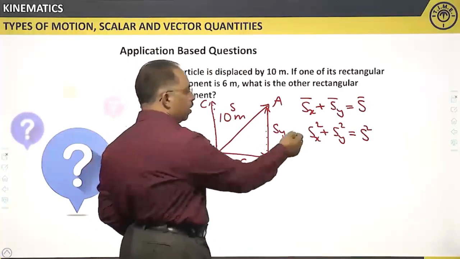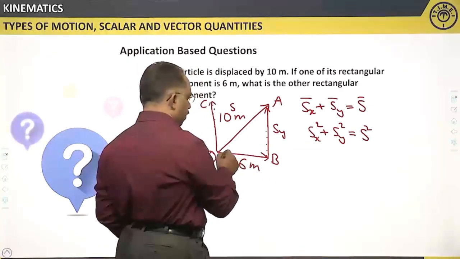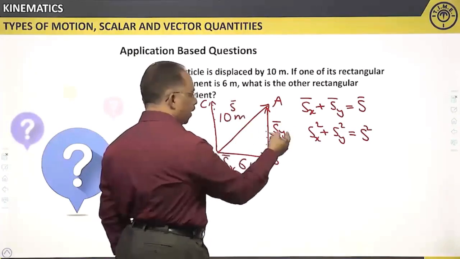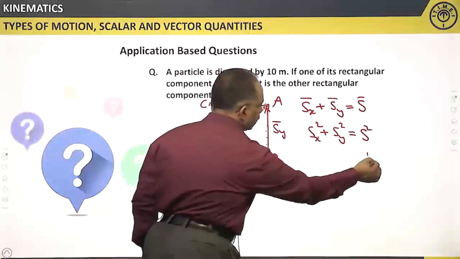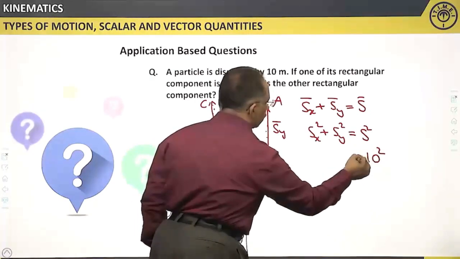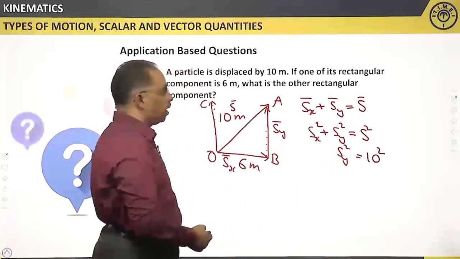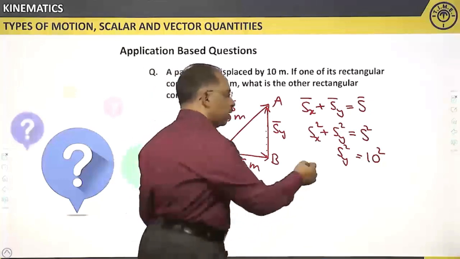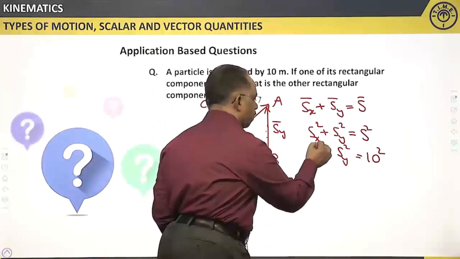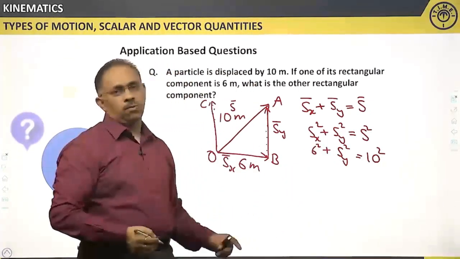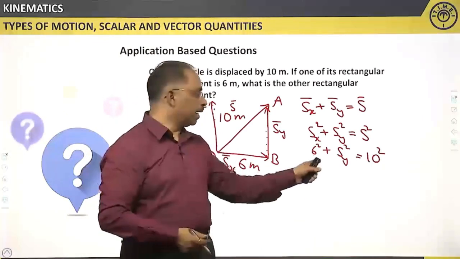So, S square is 10 square, equal to Sy square plus, what I have, Sx is equal to 6, so 6 square. Now it is very easy to calculate the value of Sy.